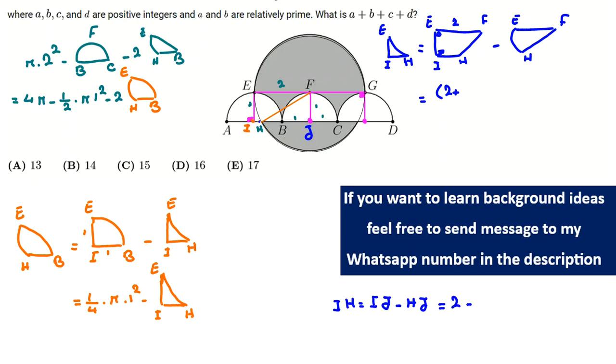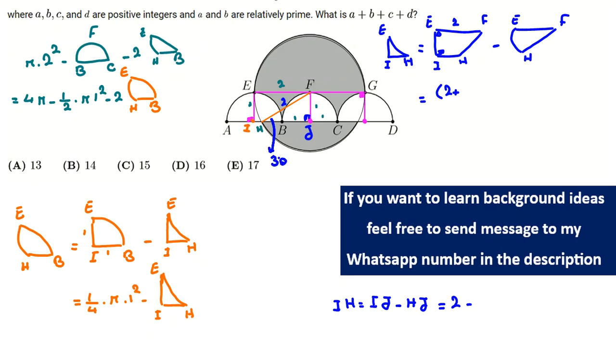Minus, because EIJF is a rectangle. Minus HJ. HJ is what? By the Pythagorean theorem. We know the radius, because EF is 2, FH is also 2, and this one is 1. So we can conclude this angle is what? If one side is half of the hypotenuse, this angle is 30.